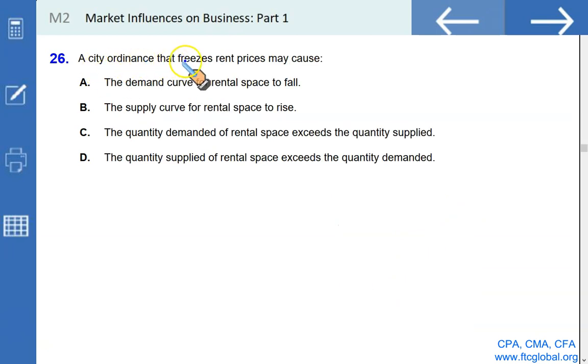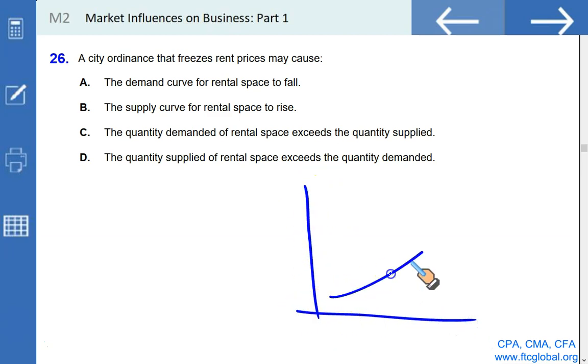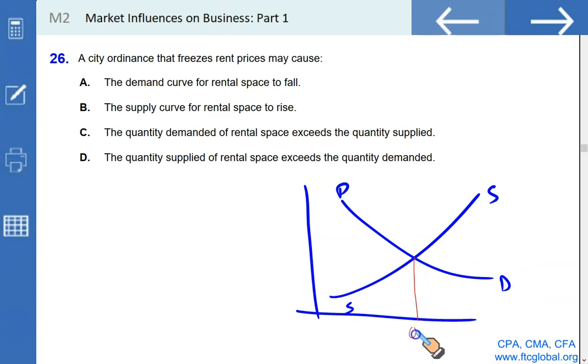The city ordinance that freezes the rent prices, like rent controls, like rent stabilization measures in certain cities, metropolises like Dubai or London or New York. Now, let's say this is the supply of houses, apartments, and this is the demand, right? So this would be the equilibrium quantity, and this would be the equilibrium rent.